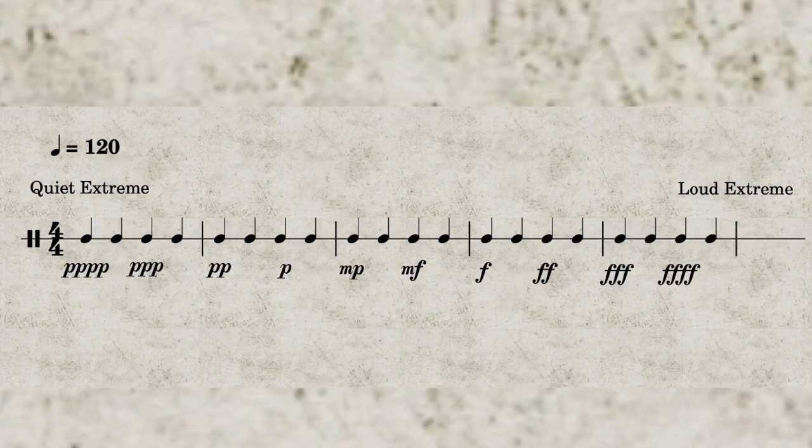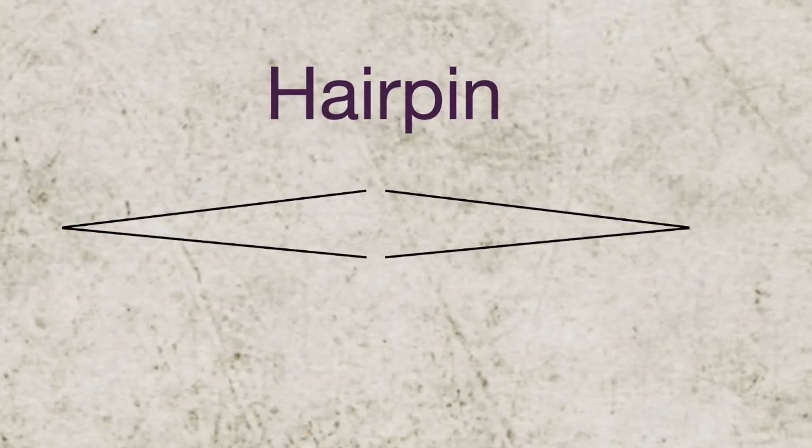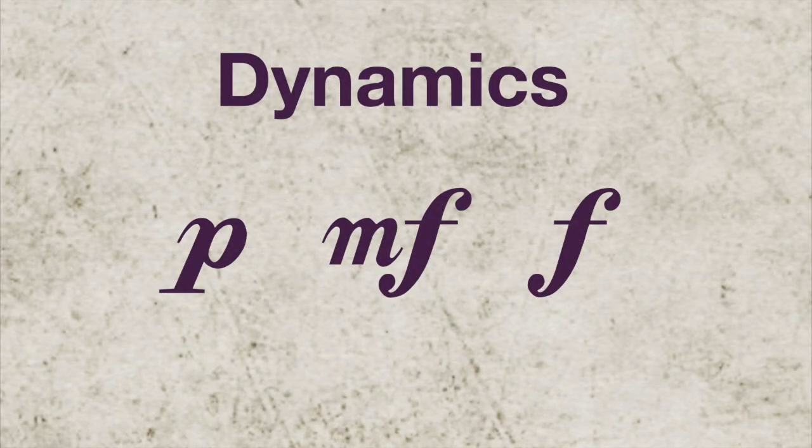To indicate a gradual increase or decrease in volume, the words crescendo and diminuendo or hairpin symbols are used before or after the dynamic letter markings. Let's look and listen to one example.